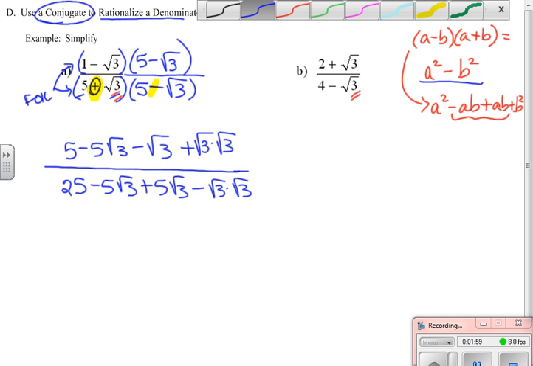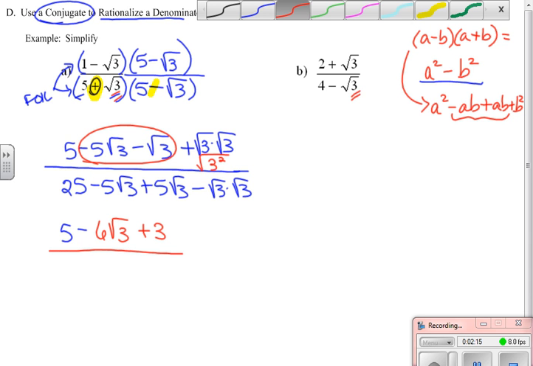So when I clean things up, my numerator becomes 5 minus, these are identical, 6 square roots of 3. This is really the square root of 3 squared, plus 3, all over 25. That becomes 0.